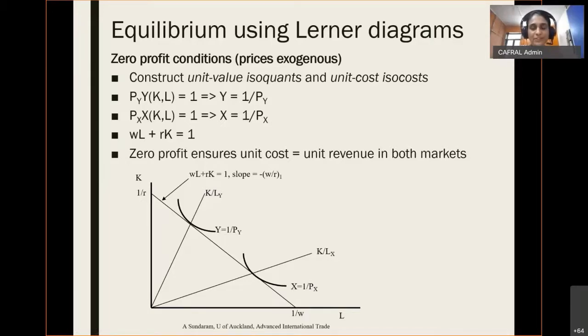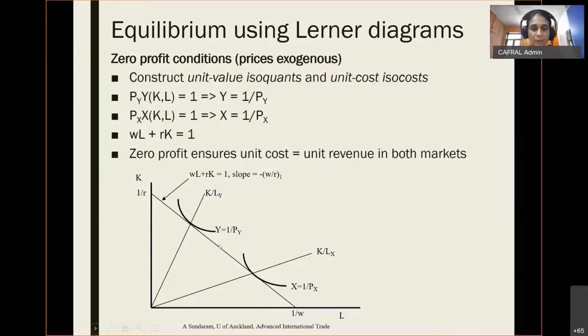Once you have the isoquant, the cost minimization problem is about going to the lowest cost possible, and cost is given by what we call an isocost line. So you want to take the isocost line to the minimum possible extent such that it is still tangent to the isoquant. And that gives you the optimal labor and capital use. So you must be familiar with this from your standard cost minimization. So this diagram is very similar.